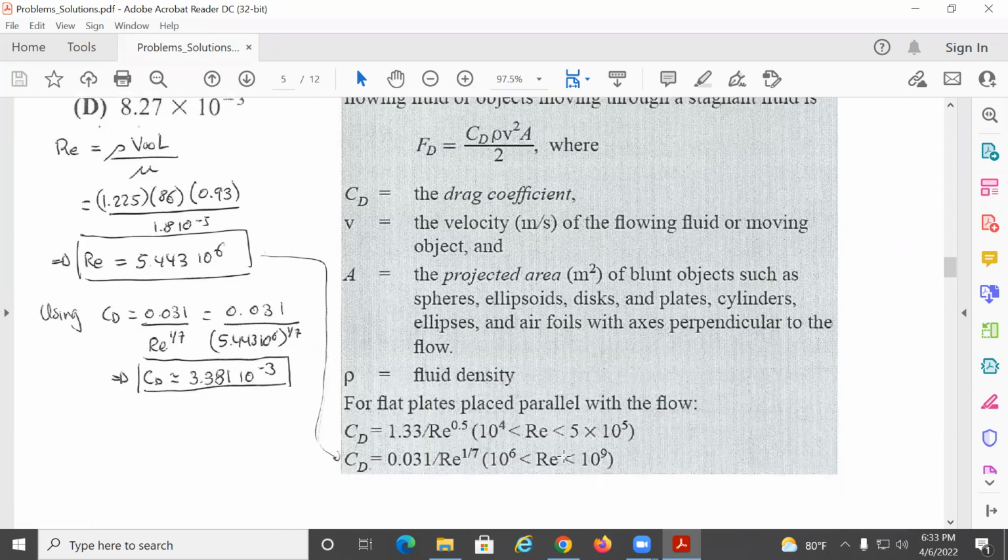So we see it's going to be a turbulent flow. So we need to apply this equation here, which will be CD equal to 0.031 divided by the Reynolds number to the power of 1 over 7. So if you do the numerical application, you get that CD equals 3.381 times 10 to the minus 3.